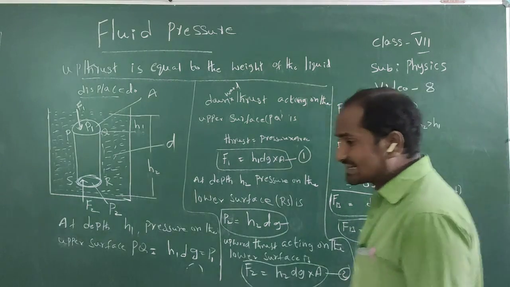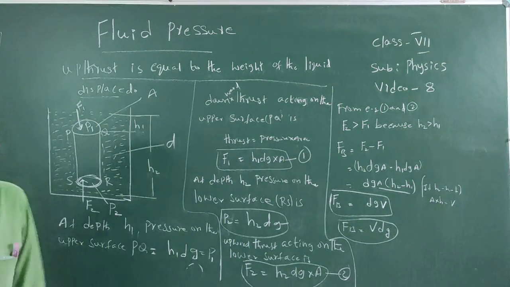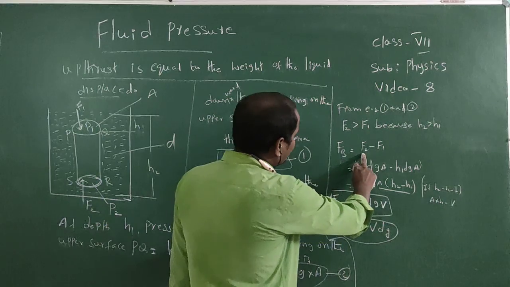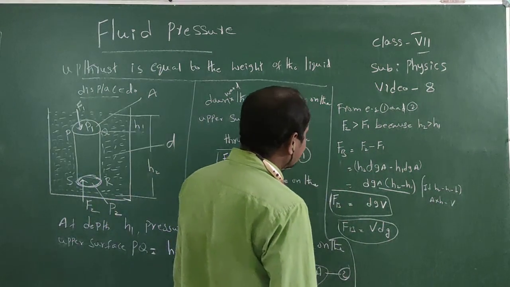Now the resultant force, that is the buoyancy force, equals F2 minus F1, the greater force minus the smaller force.